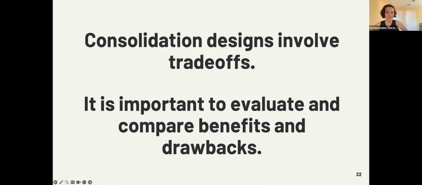So before I hand it off to Greg, zooming back out, consolidation designs involve trade-offs. To me, the big takeaway is there's no silver bullet, there's no perfect consolidation, there are trade-offs. And so it's important that we understand these implications, and ideally we evaluate and compare alternatives.